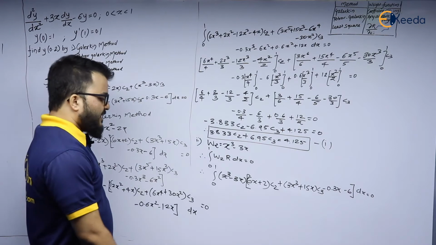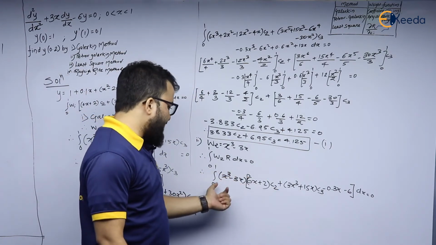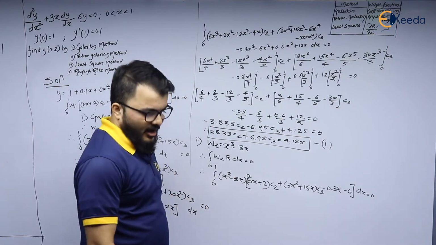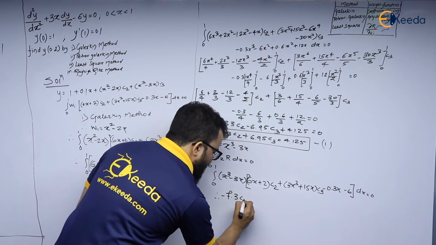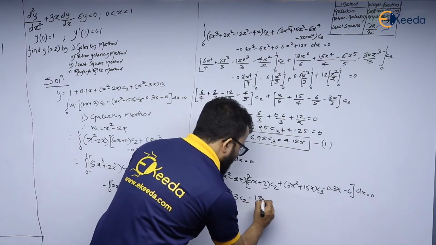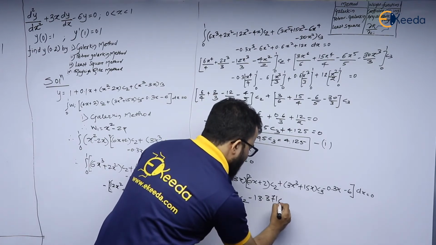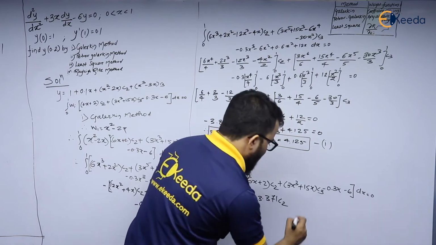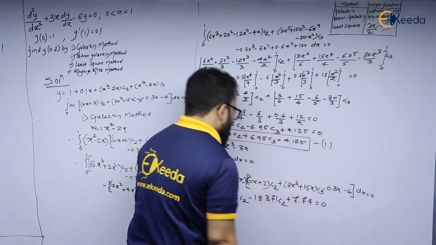So now I will multiply through the bracket, and after multiplying and integrating, I will get minus 7.3 C2 minus 13.371 C3 plus 7.74 is equals to 0.